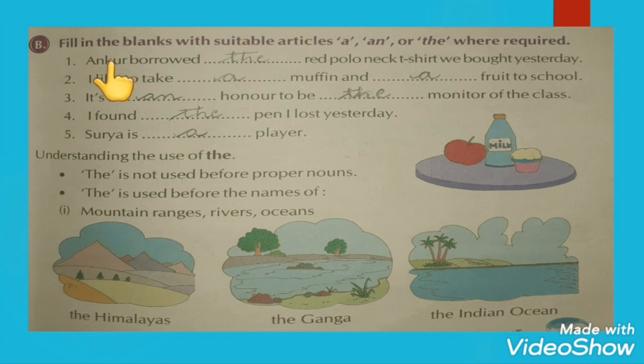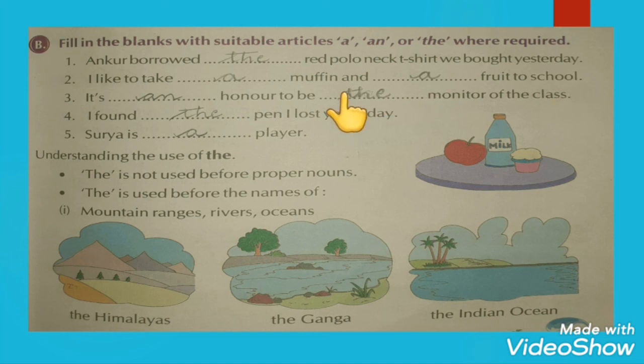Now fill in the blanks with suitable articles a, an or the where required. Ankur borrowed the red polo neck T-shirt we brought yesterday. Here the is used because we are talking about a particular T-shirt. I like to take a muffin and a fruit to school.